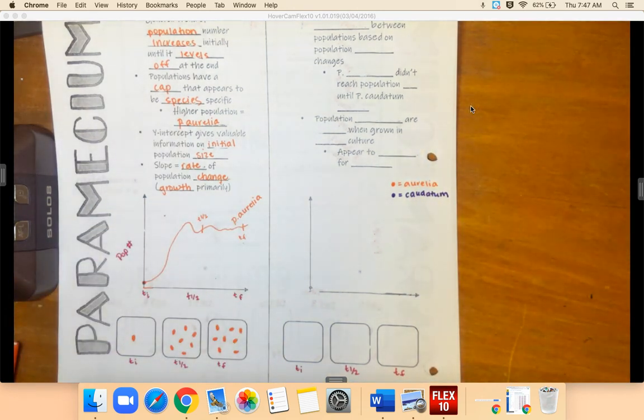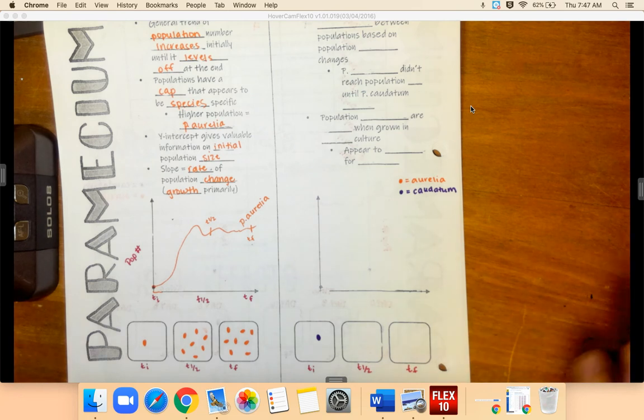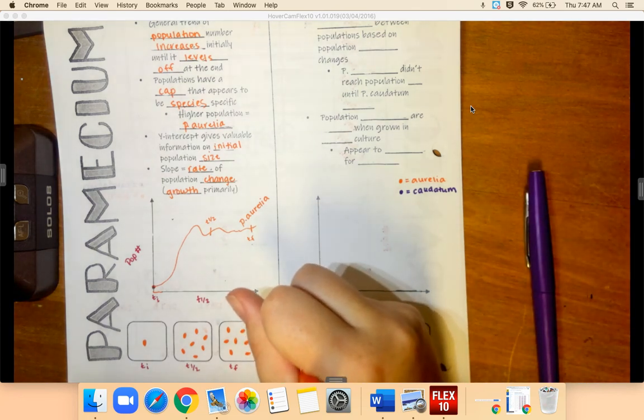Okay, so at time initial, it looks like there was one of each of our 2 species.